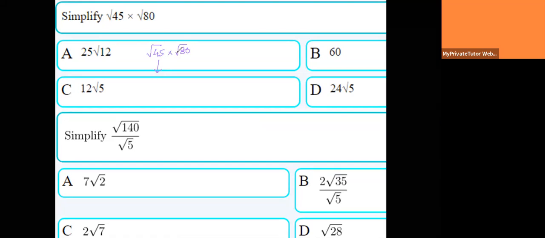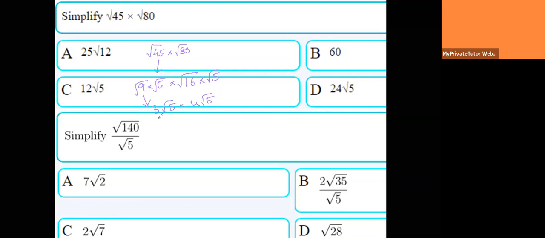Can we write 45 as 9 times 5 and 80 as 16 times 5? Can we write this? Then what is square root 9? 3 square root 5, 4 square root 5.